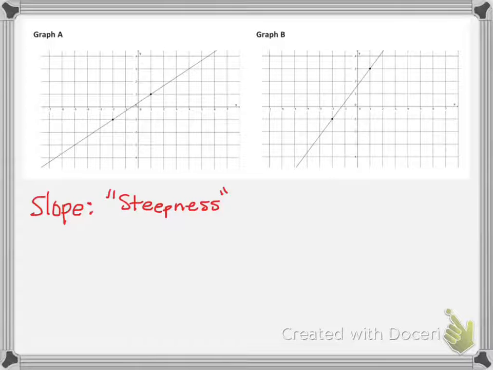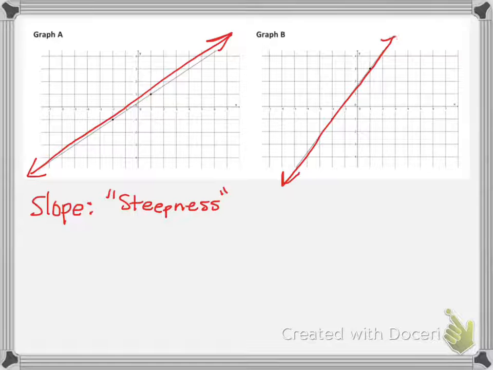If you look at graph A, we can see that it has an angle. When we compare it to graph B, it looks like graph B is a little more steep. So the slope would be a little greater in graph B. So slope is the steepness of a line.